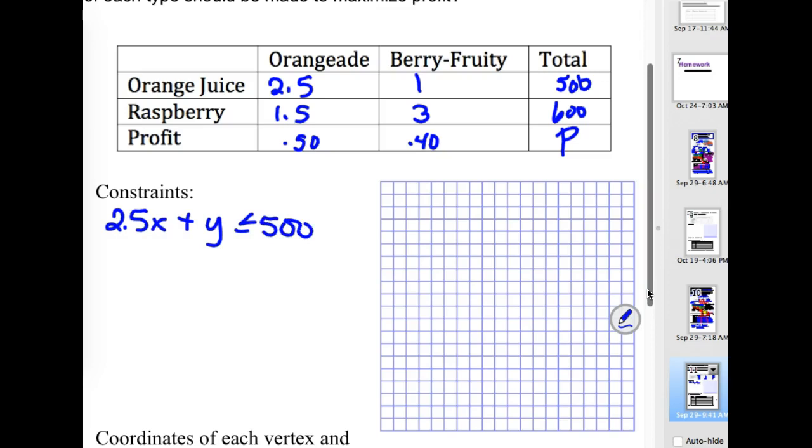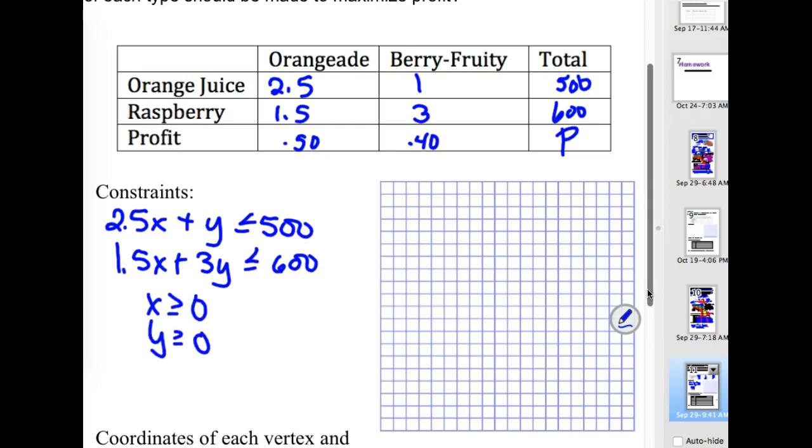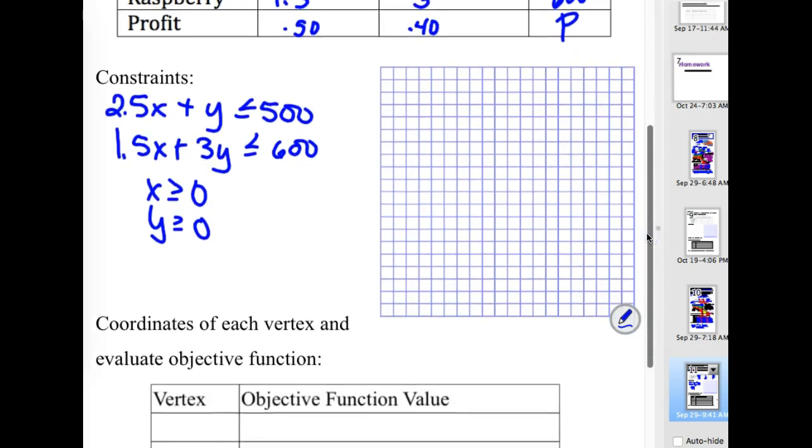What's my next one? Less than or equal to 600? Yes? And then my two implied ones? Right? Can't make negative juice. Okay. What would my objective function be? 0.5x plus 0.4y? Are we good with that process?